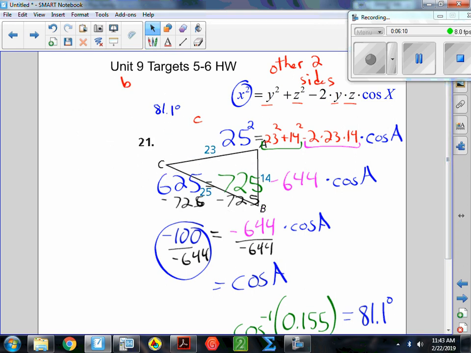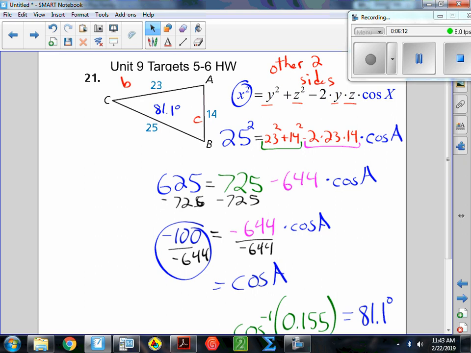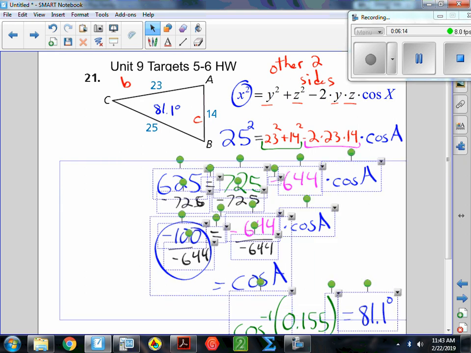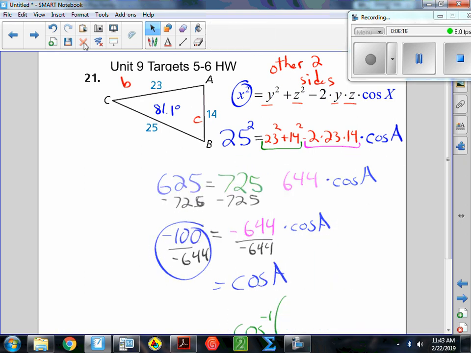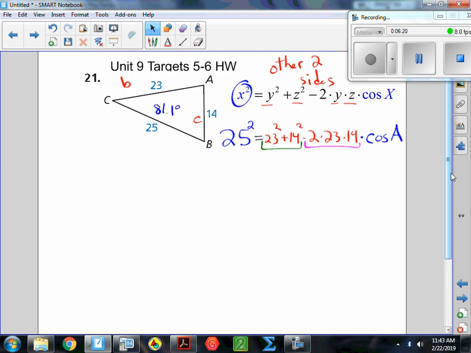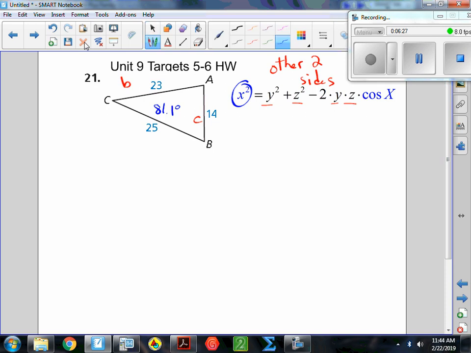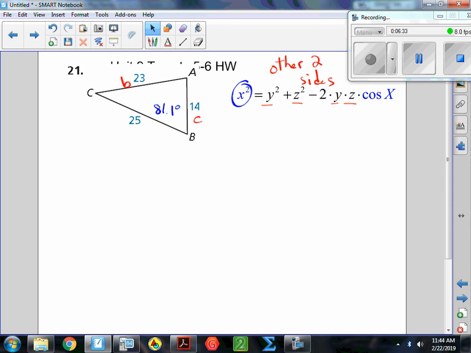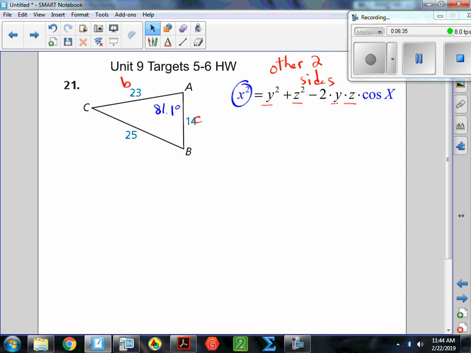I'm going to delete some of this stuff so I have some space. A was 81.1, so let's find B this time.